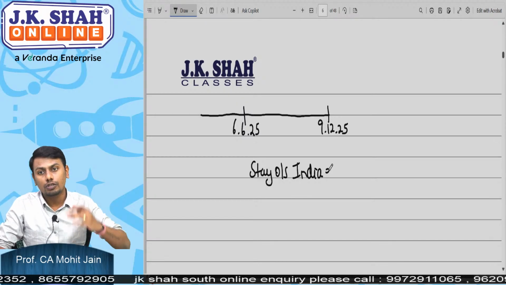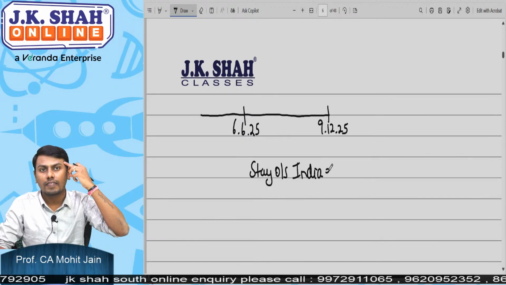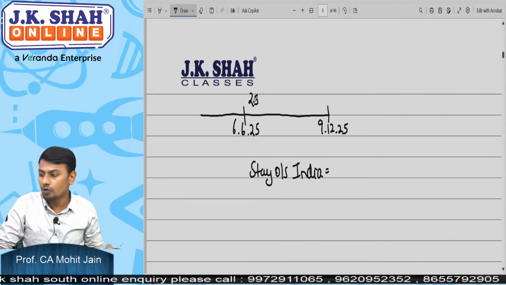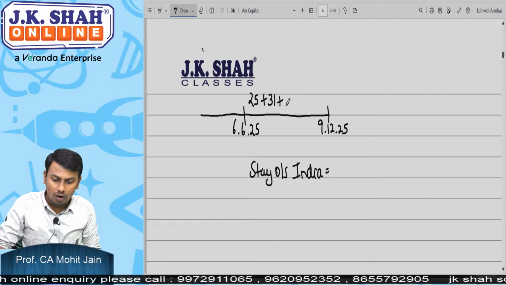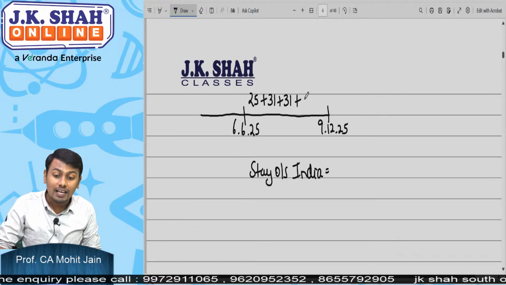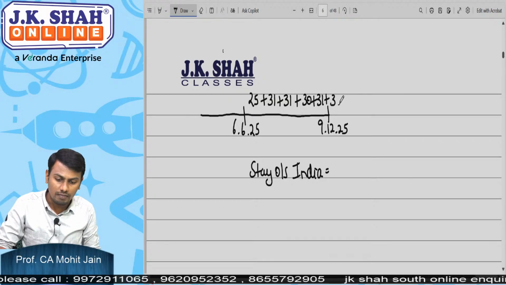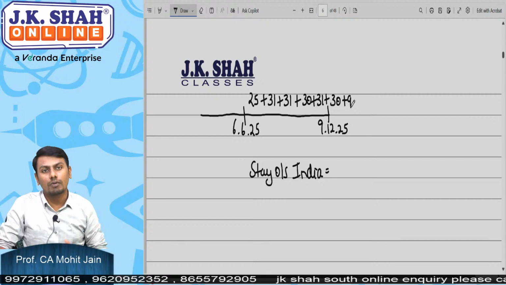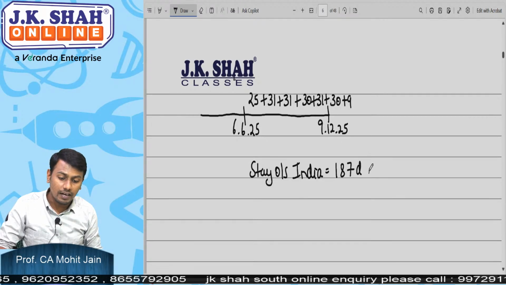From 6th June he was outside India. So 30 in the mind, 5 in the hand. How much in the mouth? 25 days of June. So June, July, August, then September, October, then November, and then December. So how many days he was outside India, people? 187 days he was outside.